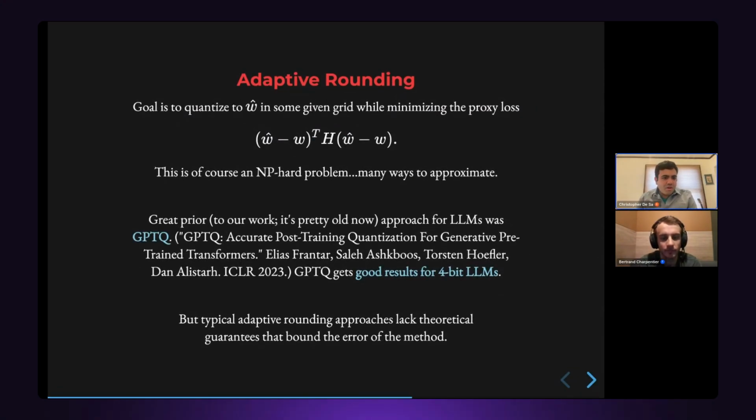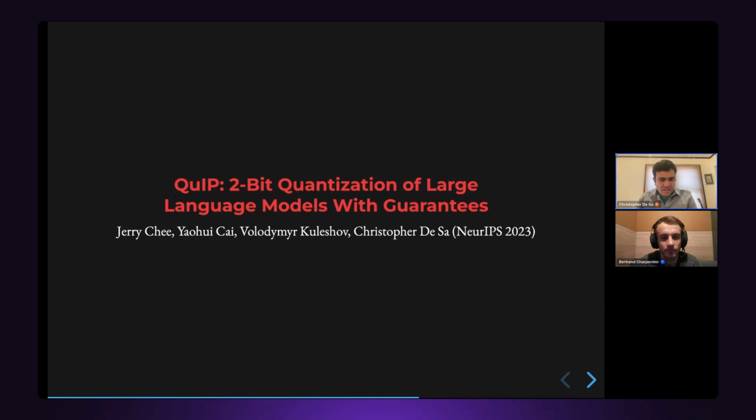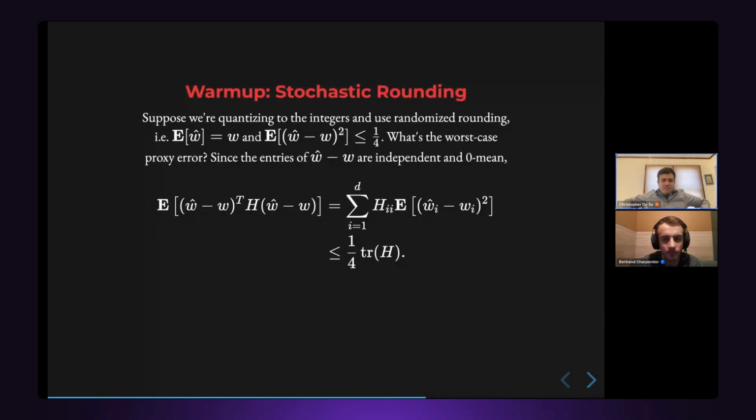Our line of work looks at this a little bit theoretically, and the question that we start with is, for this quadratic loss function, what would existing methods get? What would the basic methods get? One of the most basic quantization methods is stochastic rounding. It's just slightly more complicated than nearest neighbor rounding.